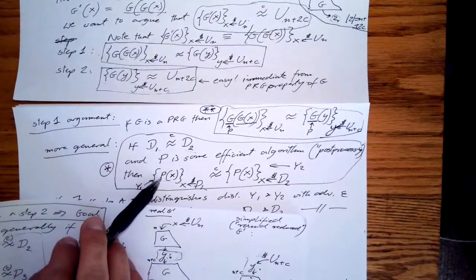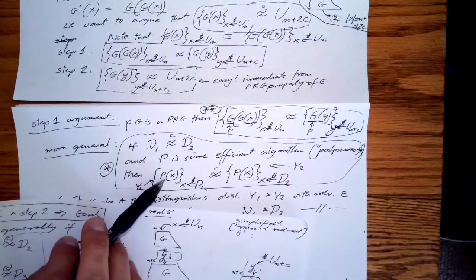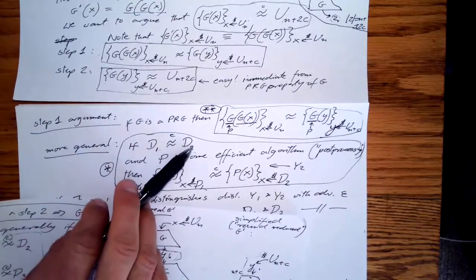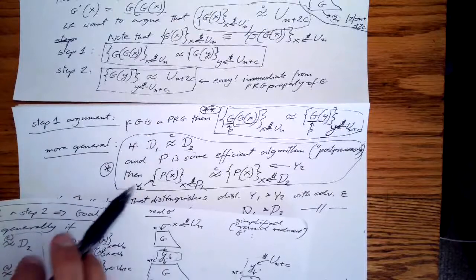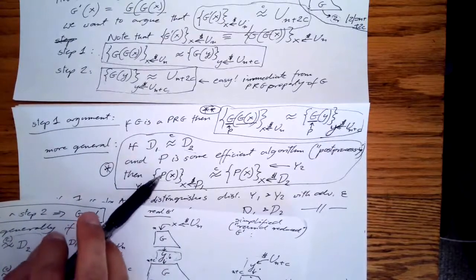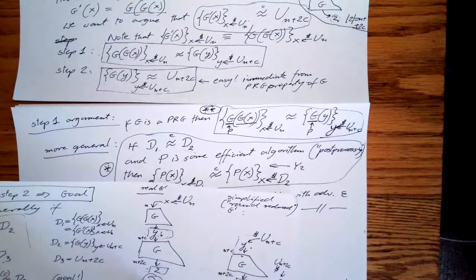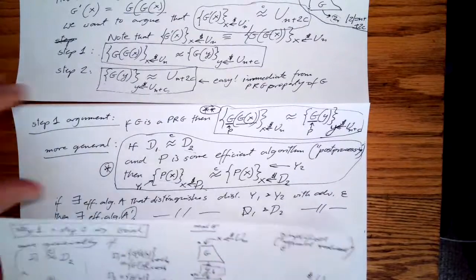If you have some procedure, and nobody can tell between inputs of this procedure taken from here to there, then also nobody can tell between their outputs. Okay, that's just wrapping this argument back.